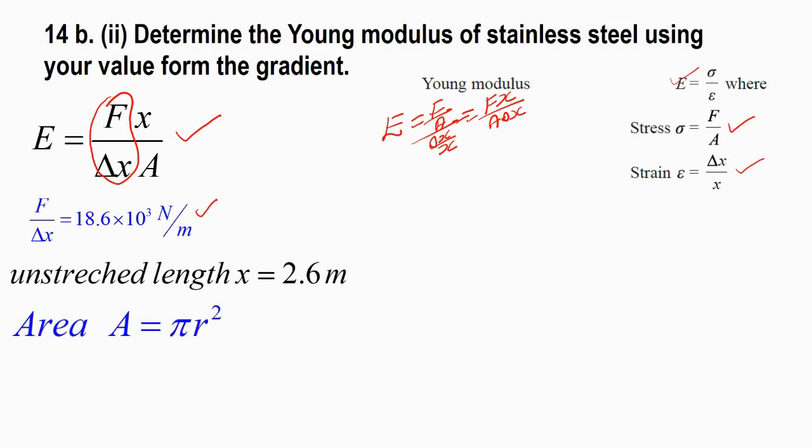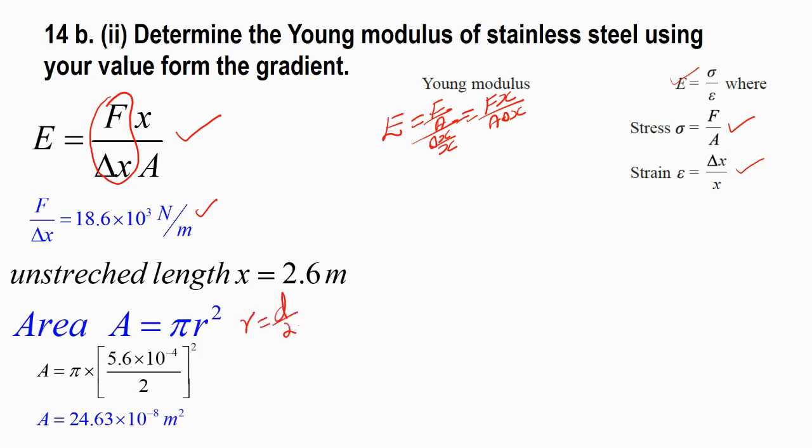Then the area of cross section: since it is a wire whose cross section is circular, the area can be found using the equation pi r square. They have given the diameter, so the radius is equal to diameter by 2.